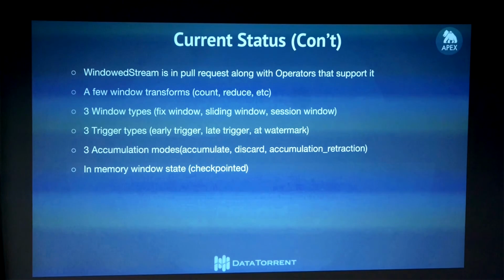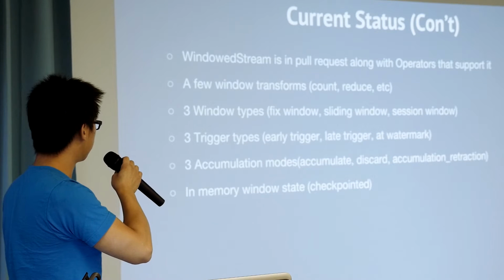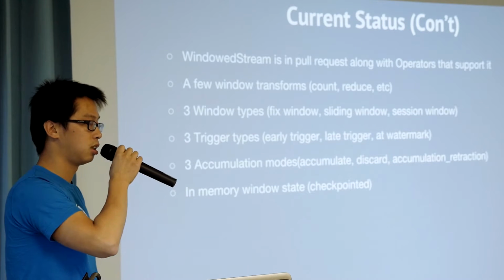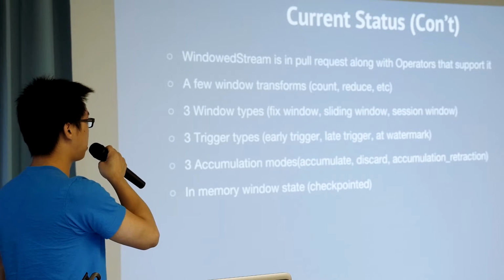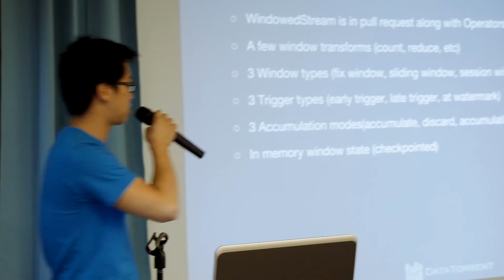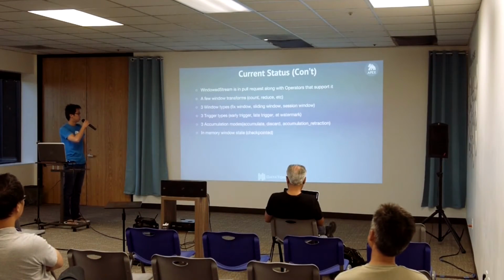We support different window types: fixed window, sliding window, and session window. We support 3 different trigger types: early trigger, late trigger, and at watermark, for events that arrive before the watermark, after the watermark, and on the watermark.